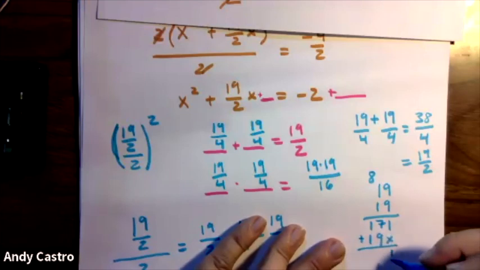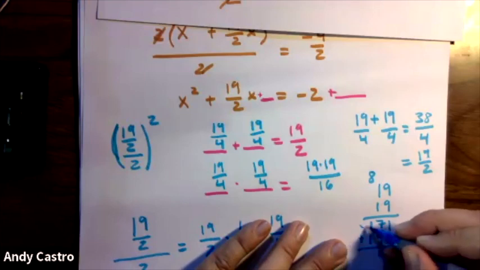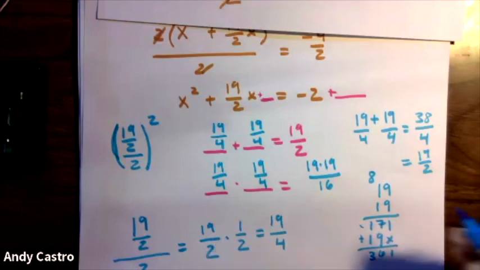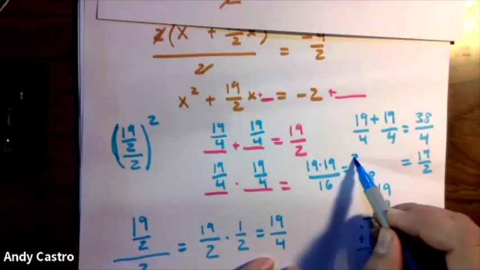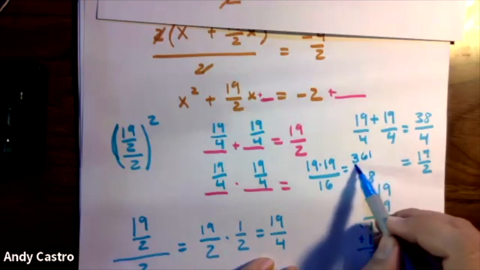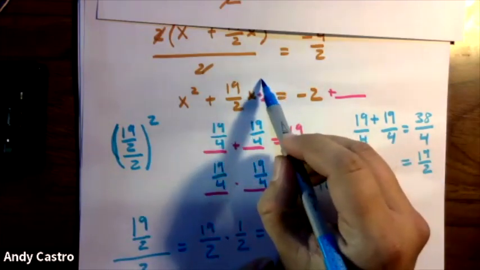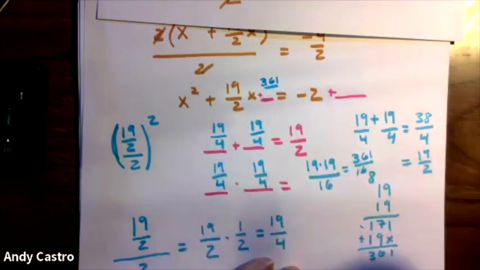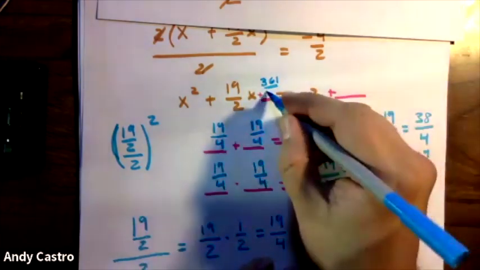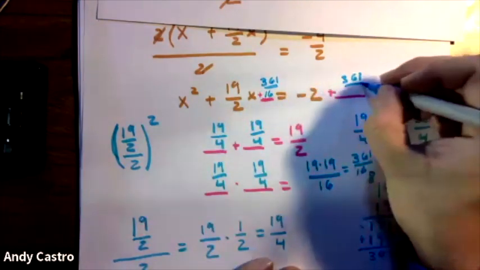Add those together. 361 over 16. That's going to be my number here, 361 over 16 and 361 over 16.